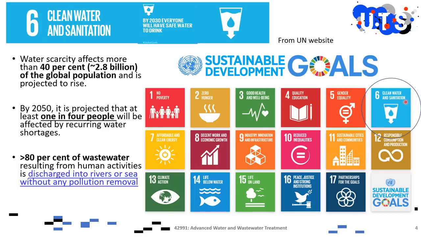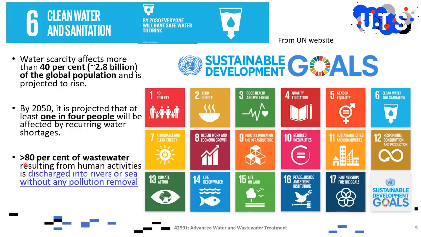The water scarcity that we are talking about now affects more than 40% of the global population. That's why it's part of the goals to sustain the supply of clean water, including sanitation. A more negative expectation is that it is projected that at least 1 in 4 people will be affected by water shortages in 2050.